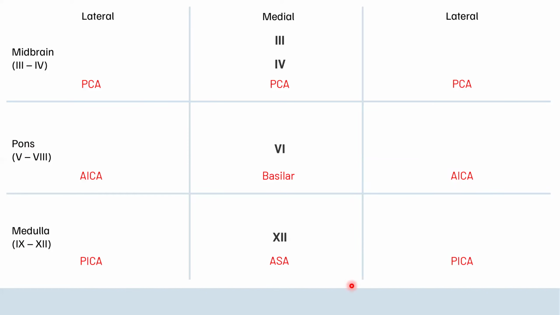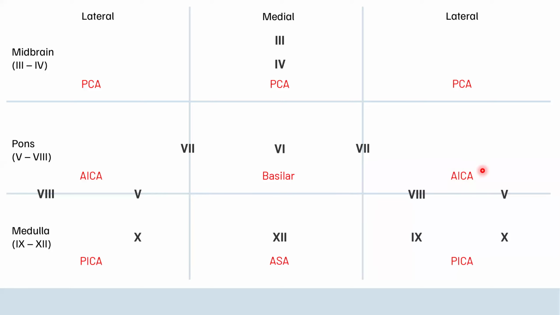After that, I can place the remaining nuclei within the lateral aspects. So here we can see that the 8th is once again at the junction, okay? Meanwhile, our 9th and 10th are just in the medulla completely. So that is our second of the rule of fours.